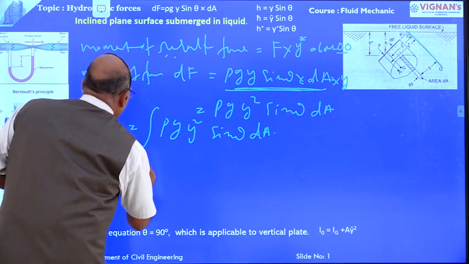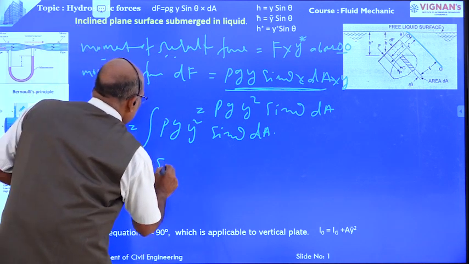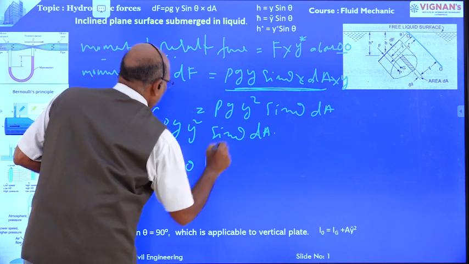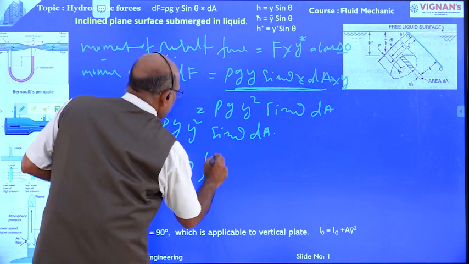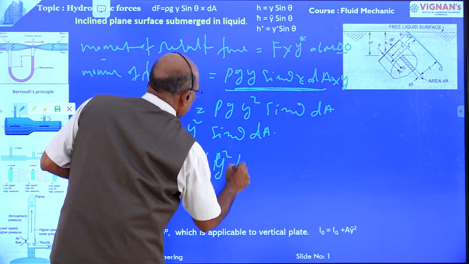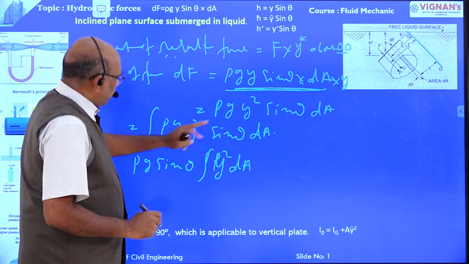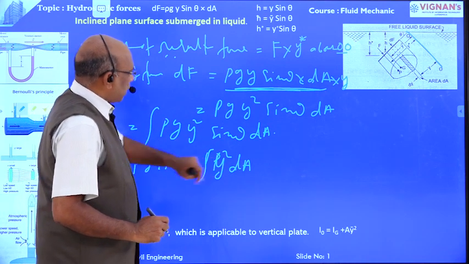Rho g sine theta is taken out of the integral, therefore we have the integral of y square dA.